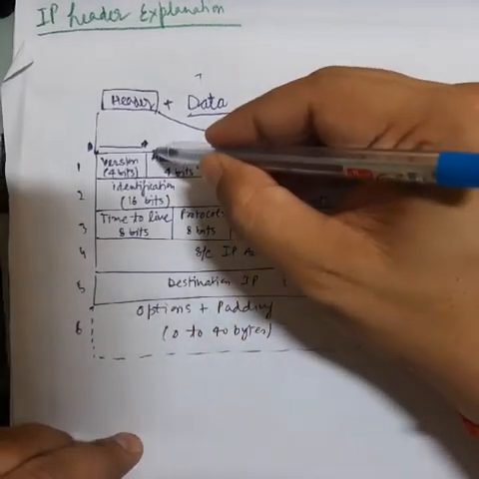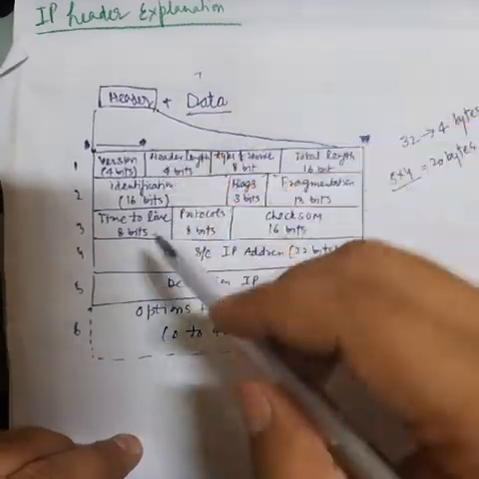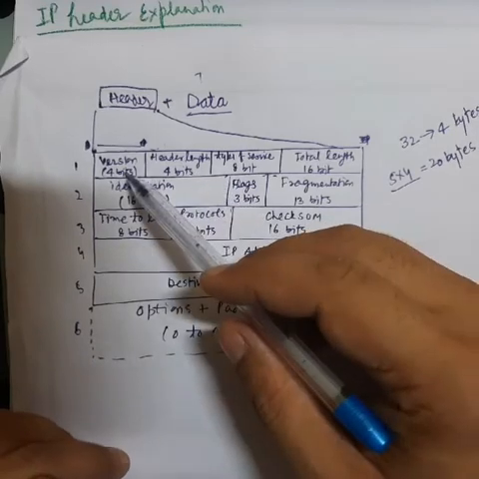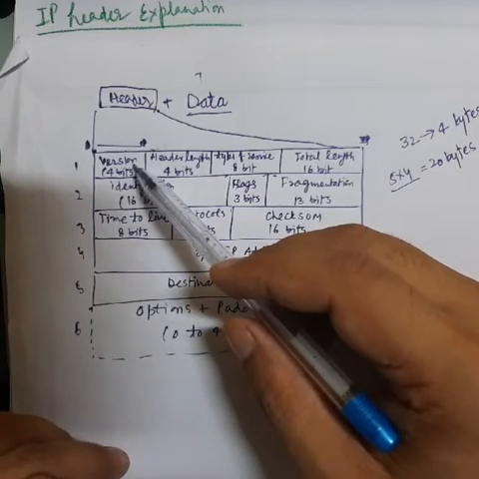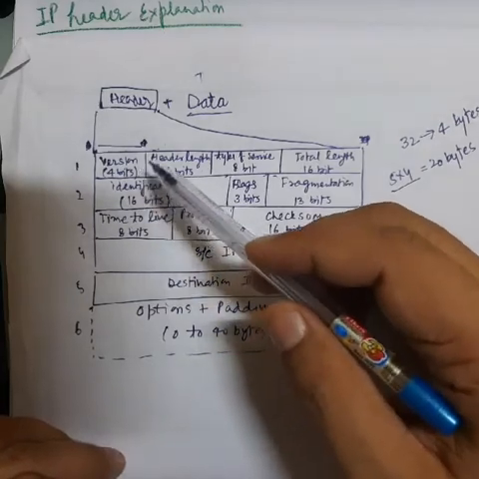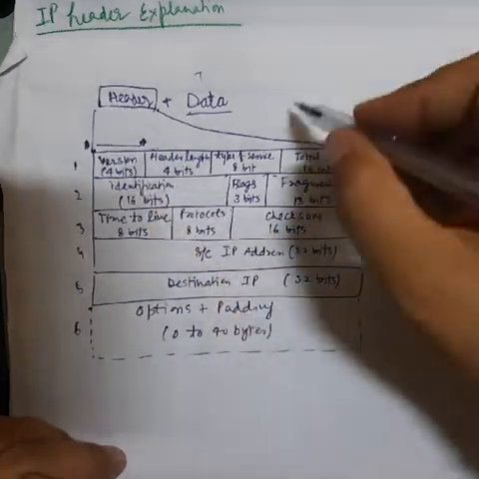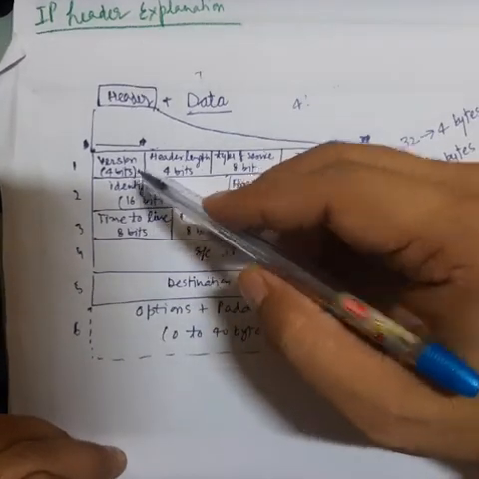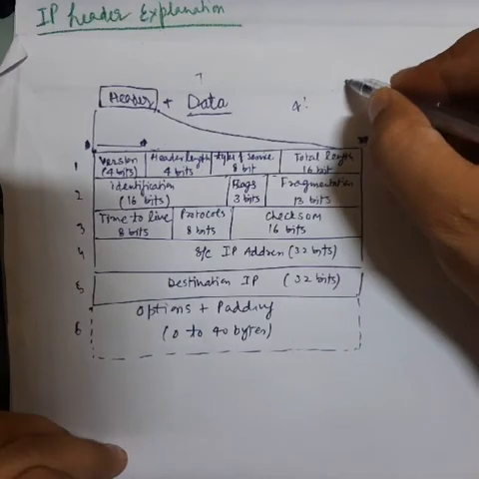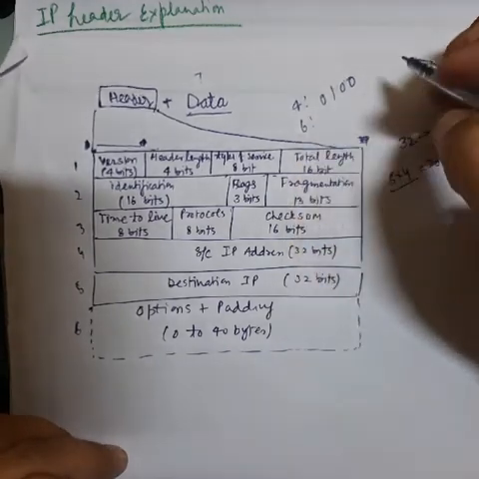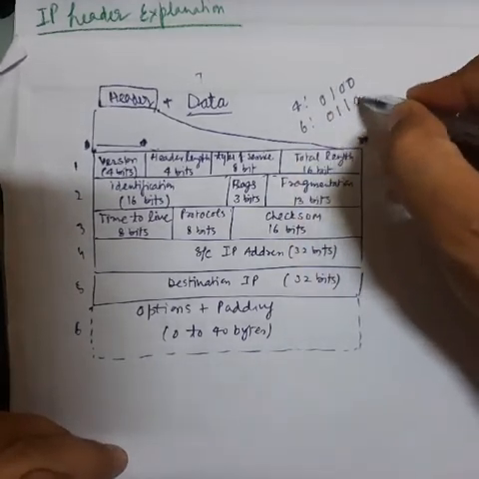So we use two important fields: the first one is version and the second one is header length. The version field is used for either IPv4 or IP version 6. If we use IPv4, 4 can be represented through 4 bits, as 0 1 0 0, and if we use IP version 6, it can be represented through 0 1 1 0.